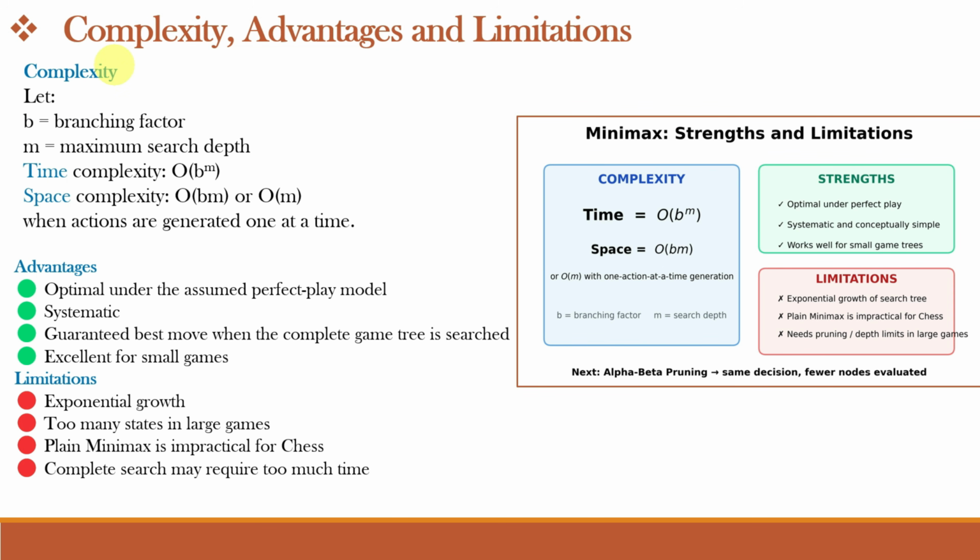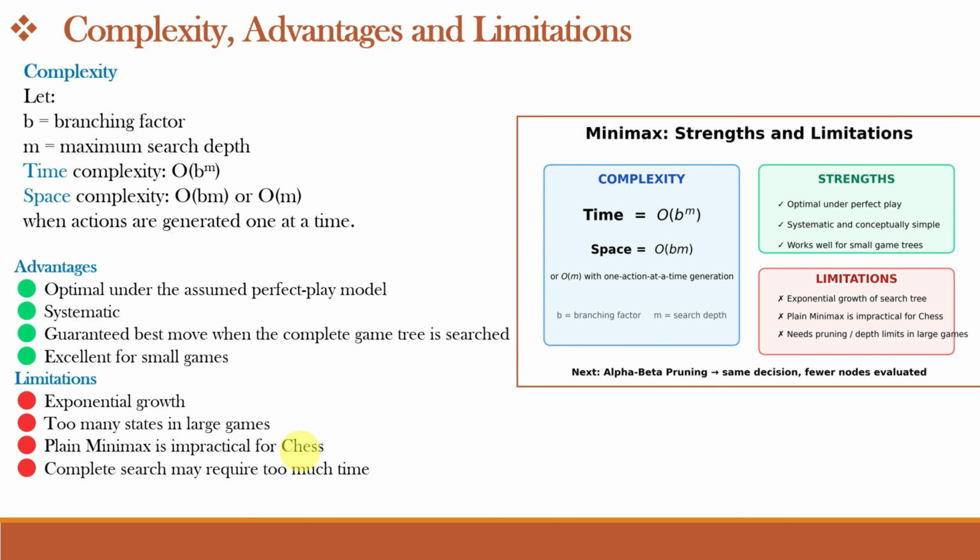And this slide shows the time and space complexity of the Minimax algorithm and its advantages and limitations. One important limitation is the time and space complexity. The time and space complexity becomes very large for a game like chess. This is manageable for tic-tac-toe, but for chess, there are many legal moves at each position and games can be very complex and very deep.